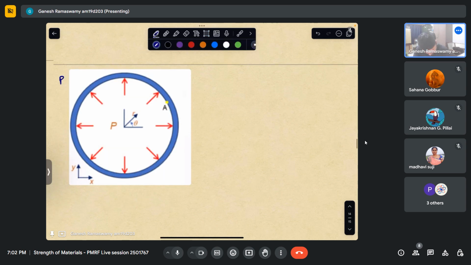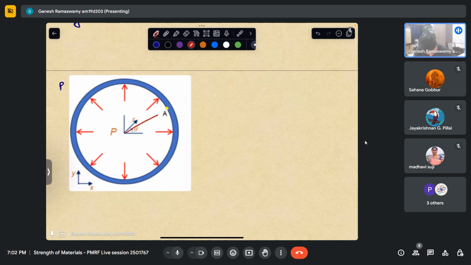Now point A, let us say it subtends an angle alpha. So its normal vector at point A is pointing in that direction. This angle is alpha.